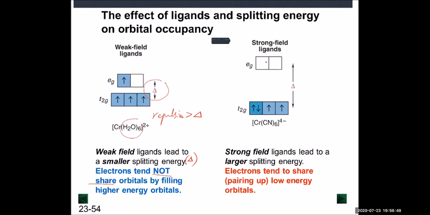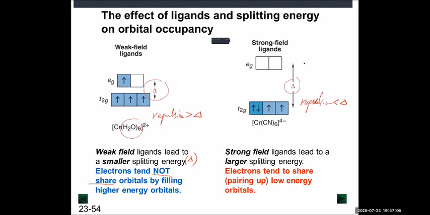If the energy gap between these two levels is very large, then the repulsion between the paired electrons will be less than delta. You can see the delta is very large.